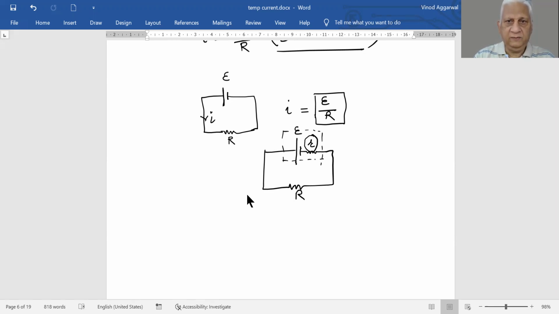So instead of the current being this much, we get current I equal to EMF divided by R plus r. I is the current in the circuit, E is the EMF of this battery, r is its internal resistance, and capital R is any external resistance. So this is the net current, which accounts for internal resistance as well.